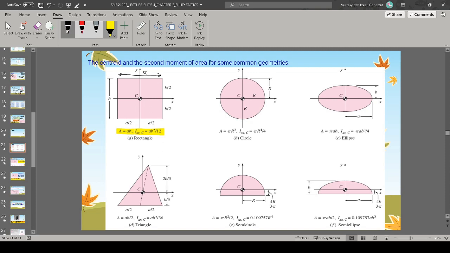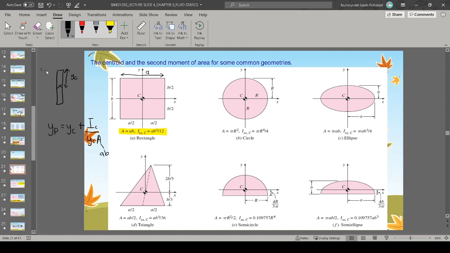So you will substitute that in your formula of YP equals YC plus I, your moment of inertia, over YC times area. In this case, your area is AB, and your YC will be the length to your centroid, which will be somewhere here. Or this if the water is up until this point.